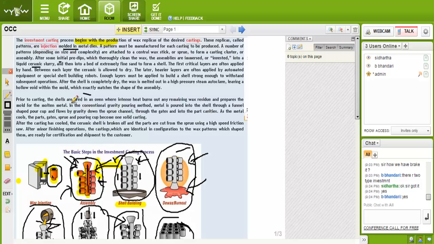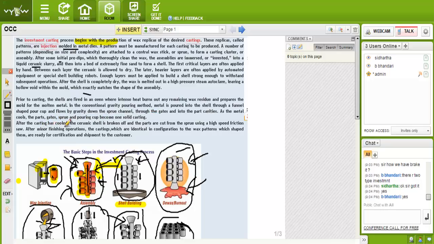Okay, in the conventional gravity pouring method, metal is poured into the shell through a funnel shaped pour cup and flows by gravity down the sprue channel through the gate and into the part cavity. As the metal cools, the part, cavity, sprue and pouring cup become the solid casting.